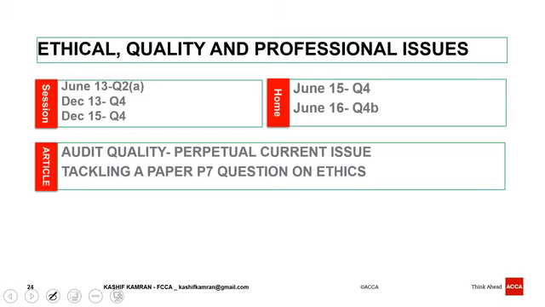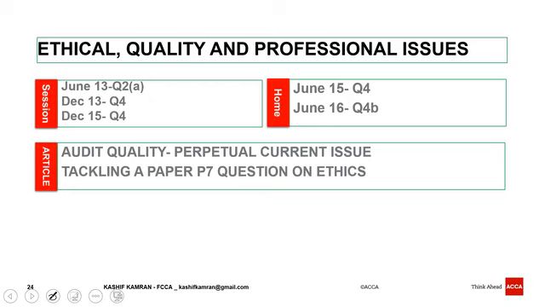Now, starting on with the day 2 agenda. The day 2 agenda today is to work on ethical, quality, and professional issues. As earlier mentioned, this is a very significant part of a 100 marks paper. I will make you realize how important this topic is to your success or failure in a P7 exam.